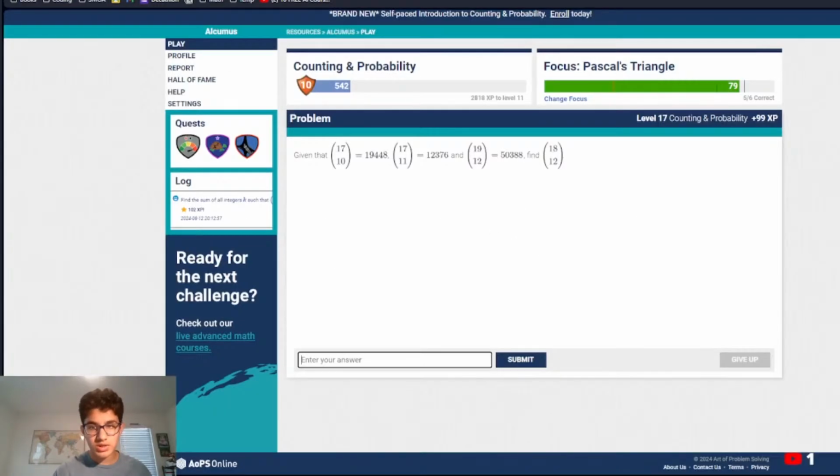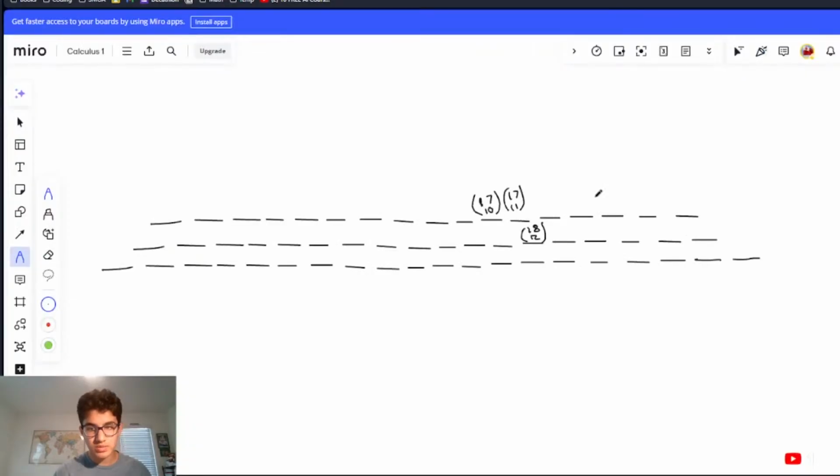Okay, and now they want us to find, oh, and we know 19 choose 12 as well. 19 choose 12 will just be one to the left of this, isn't it? So 19 choose 12 should be right there. We can count it: 19, 18, 17, 16, 15, 14, 13, 12.